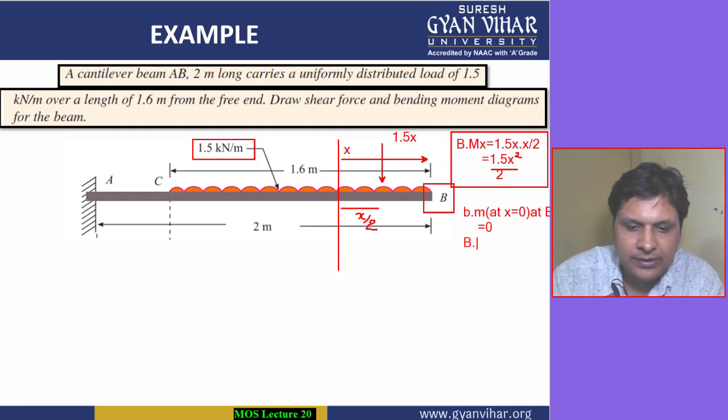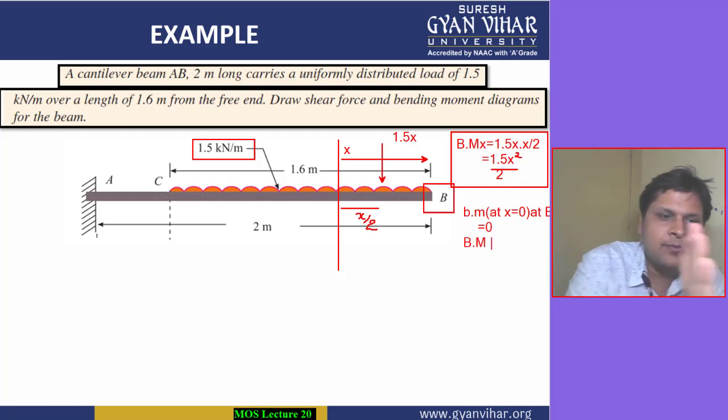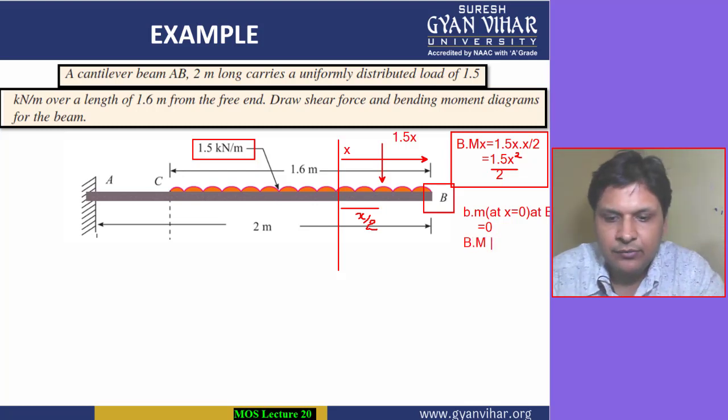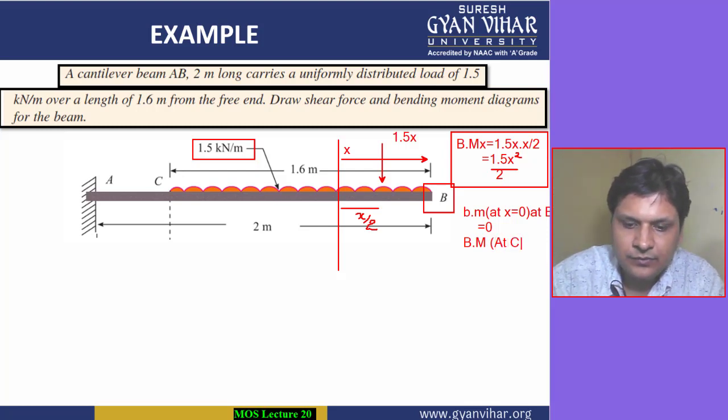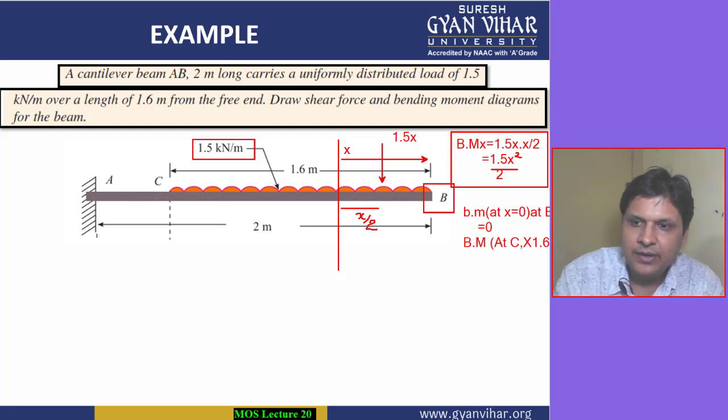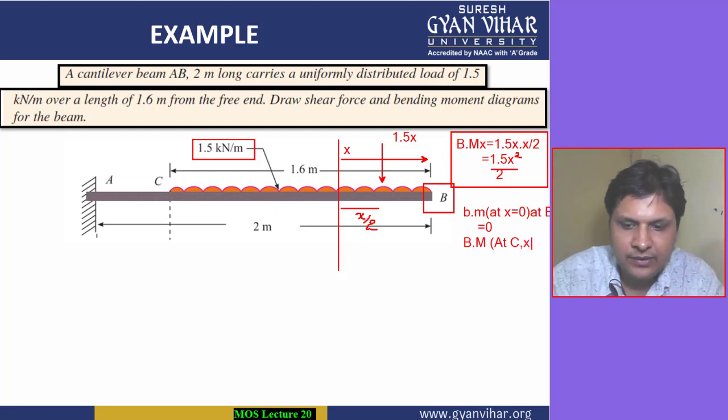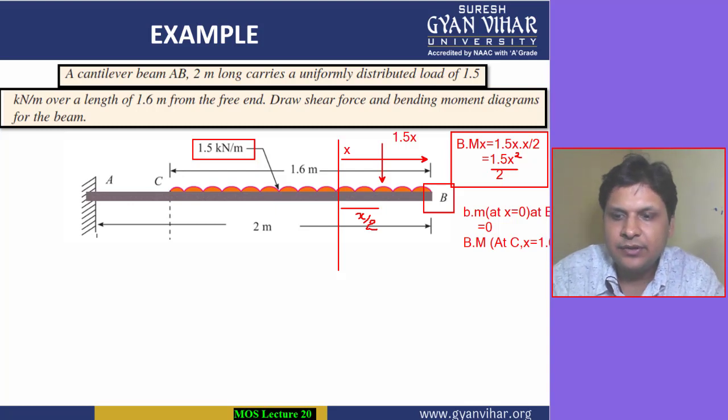And the bending moment at the next point, next means C. Bending moment at C, you have the value of x at C equal to 1.6 meter.